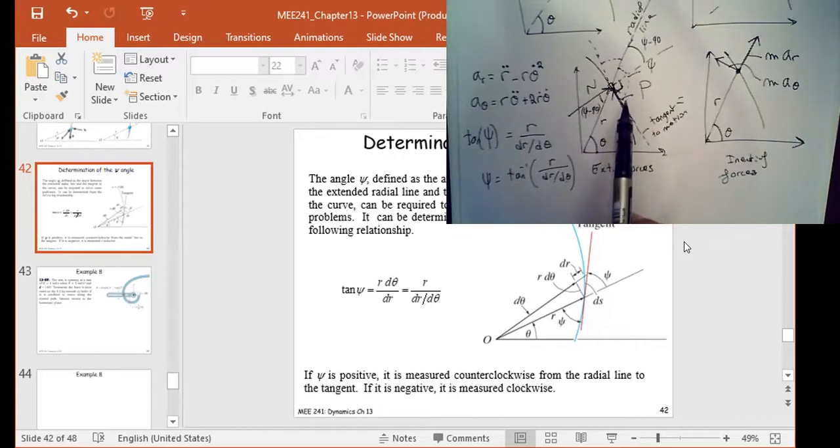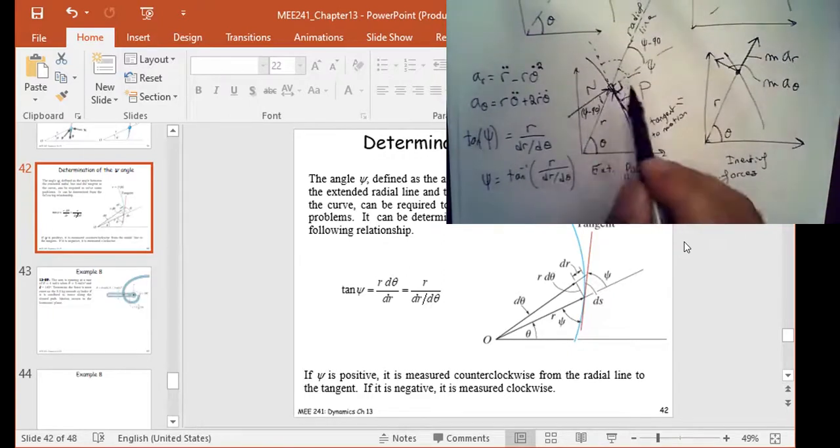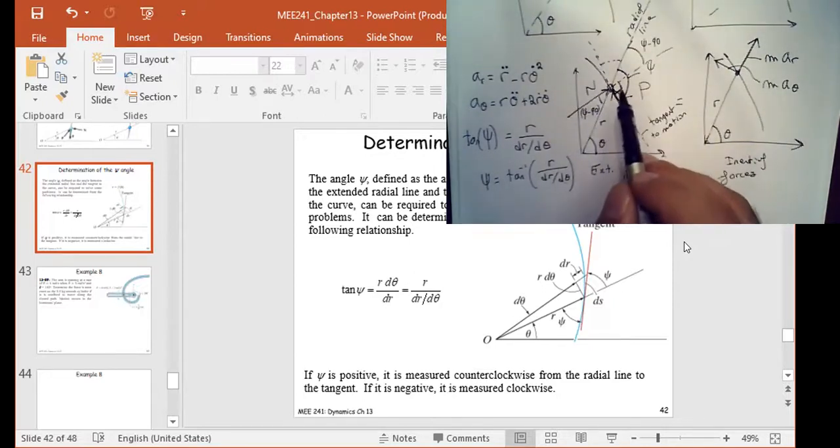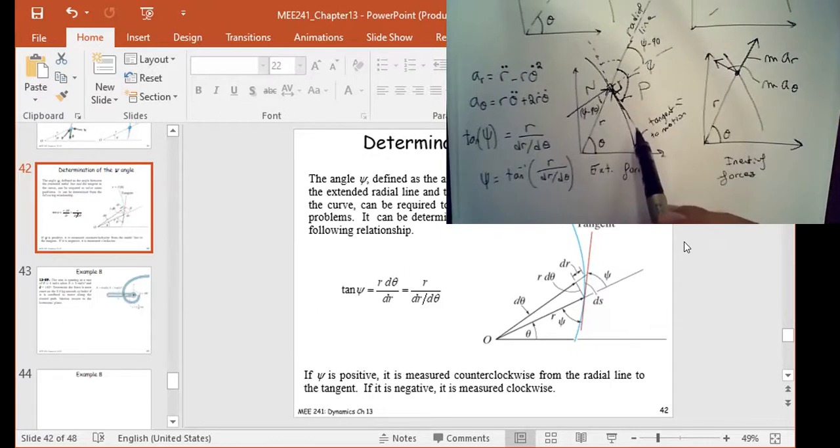I'm saying phi is this angle, so this is phi right now. n makes a 90-degree angle with the tangent line, so the normal force makes a 90-degree angle with the tangent line. What remains is that this angle is phi minus 90, and this angle right here is also phi minus 90.